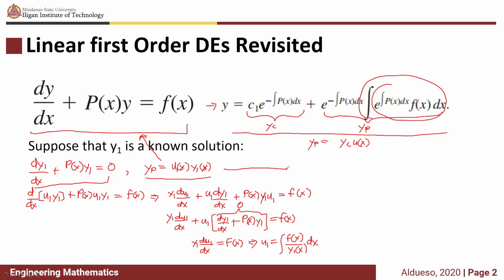So our yp is equivalent to y1 times the integral of f of x over y1 of x dx. We're looking at this particular solution right here, so our u of x is just equivalent to this.